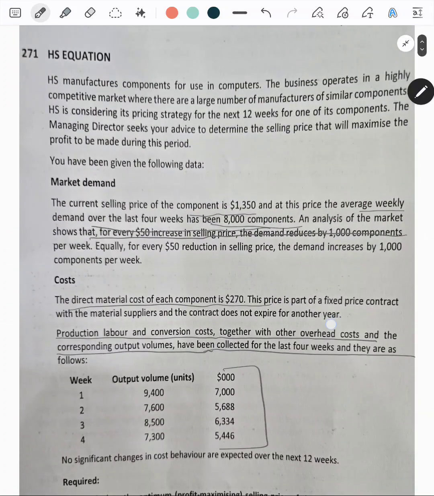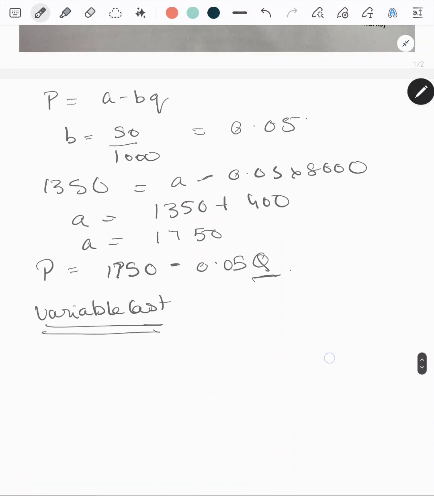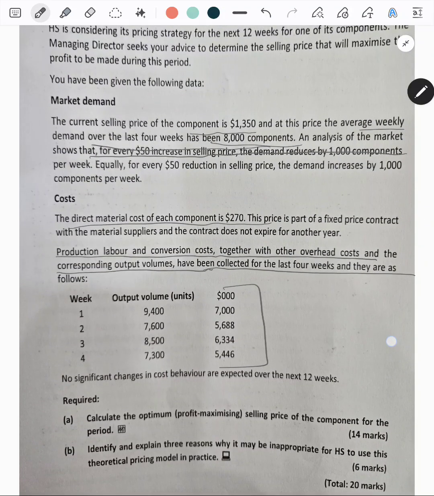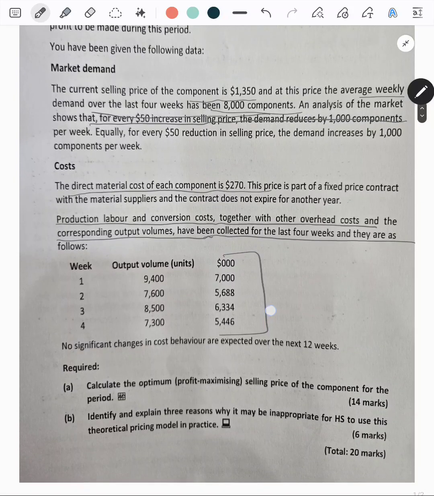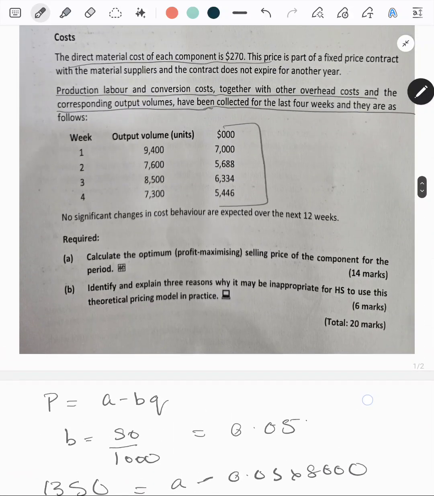We have been given the direct material cost, which is 270, and what we need to calculate separately is the variable cost of production labor and conversion cost, because it's a semi variable cost.